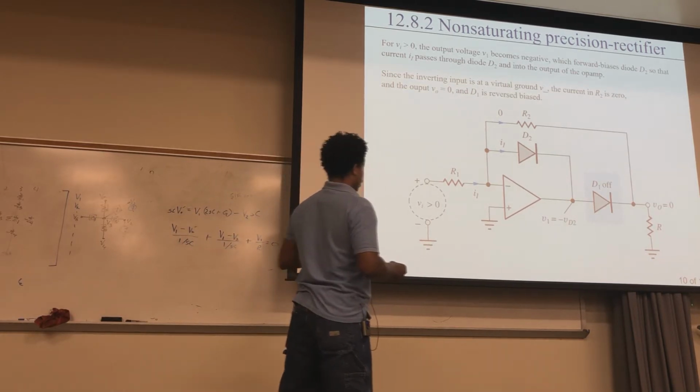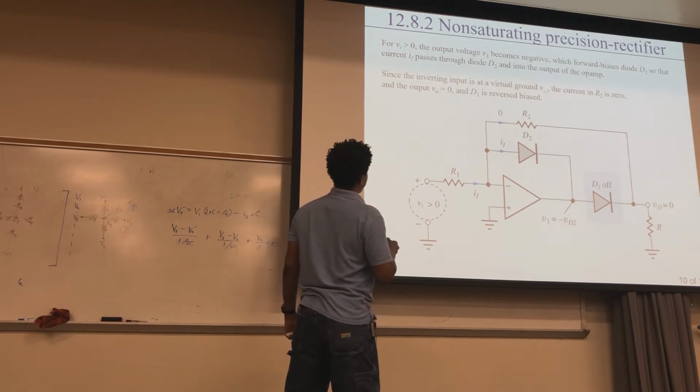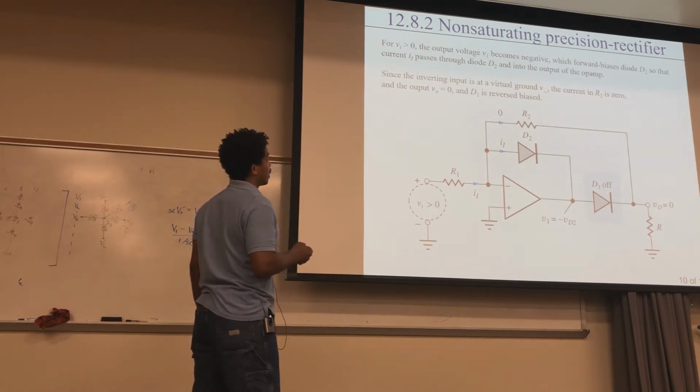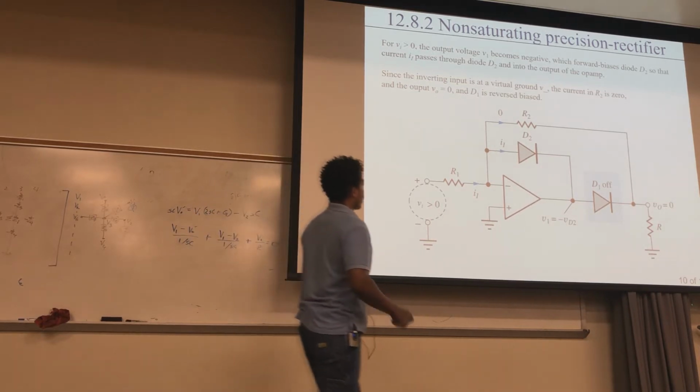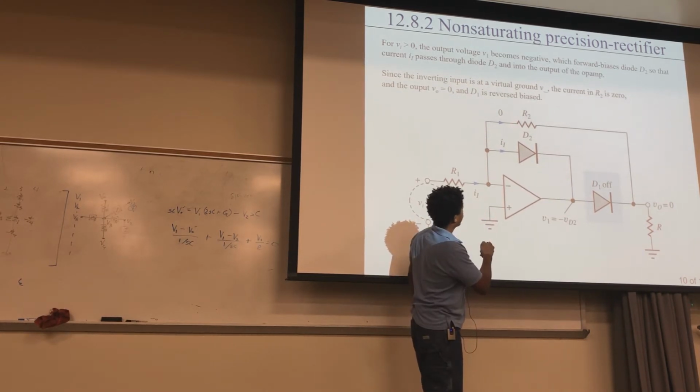Yeah, so now another thing that's happening is that, since the inverting input is at a virtual ground right here, the current in R2 is 0, and the output out here is 0, and this is reverse biased. So remember, this is at the virtual ground, 0, because of that, right? So that's 0 volts right here.